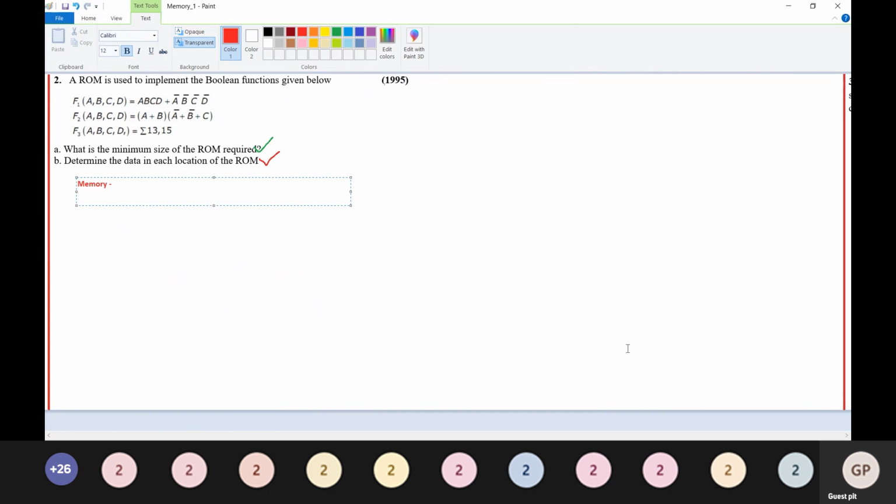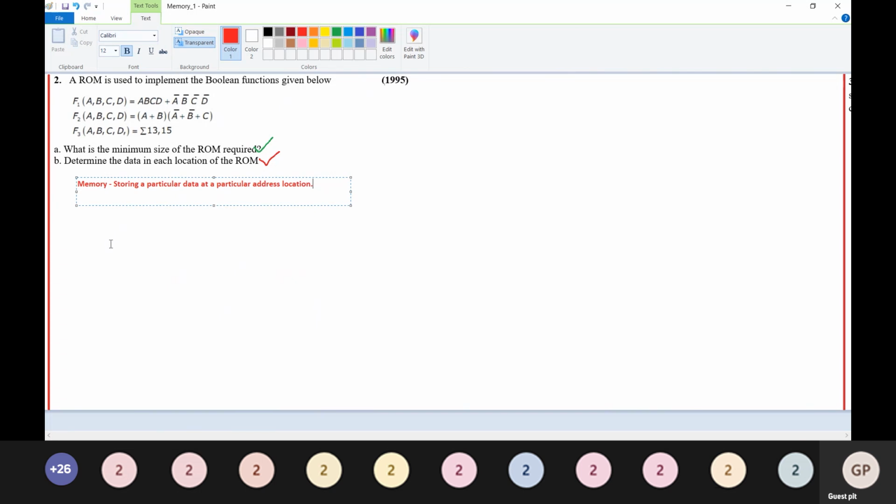Memory is nothing but storing a particular data at a particular address location. This is a short description of what memory is.